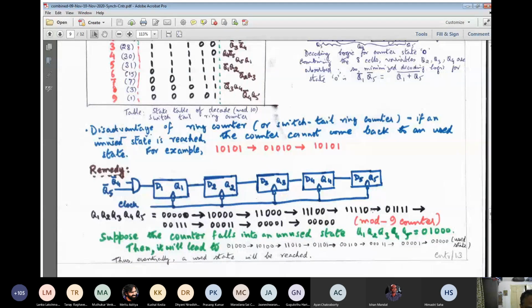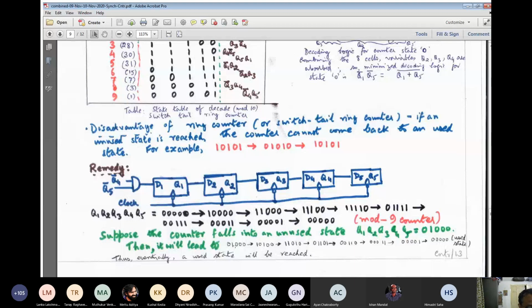So hence after that 0 will start coming till it attains this state when both of them become 0. Right? So you see 1, 2, 3, 4, 5, 6. Oh, yeah. So this is a modulo 9 counter. 1, 2, 3, 4, 5, 6, 7, 8, 9. So it is a modulo 9 counter, is it not? I think I am correct, but still you see, I am getting these 9 distinct states, 1, 2, 3, 4, 5, 6, 7, 8, 9.